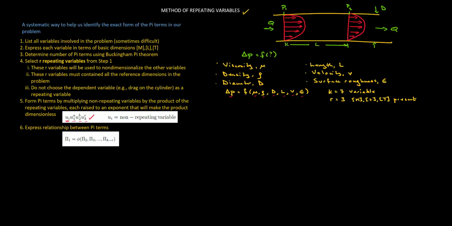So Buckingham pi will tell us that we can reduce our problem to K minus R dimensionless groups. So that's 4 pi groups.